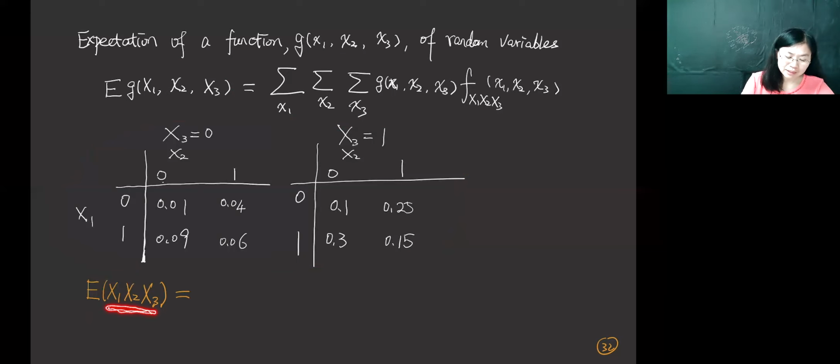In fact, it's almost always 0, except in one case when all three variables are 1s, and where the joint PMF is 0.15. Therefore, this expectation should be 0.15 times 1, which is 0.15.